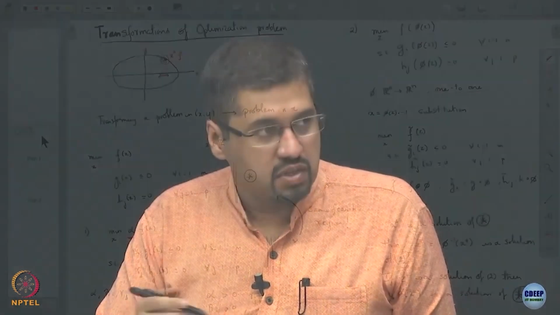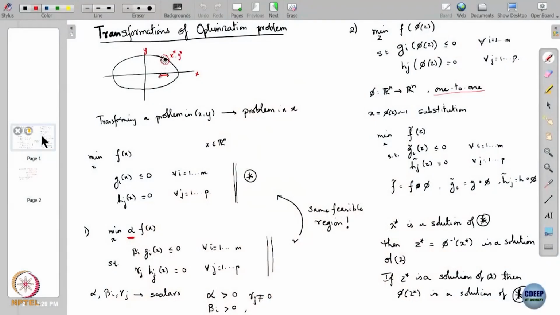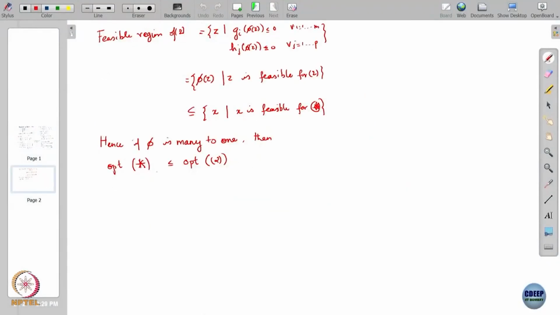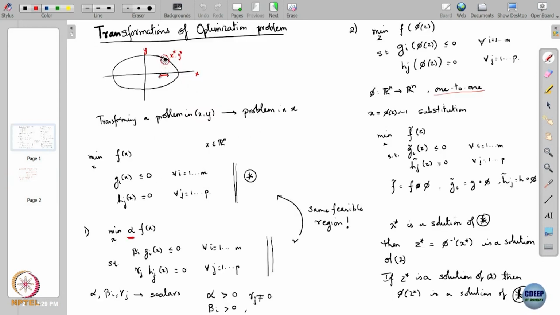Yeah. So, if phi is not bijective, yes, that is what I am saying. These are not equivalent, there will be an inequality, and many things can happen here. One possibility is that by chance your x star just happens to be such that there is a corresponding z star for it, in which case you will get equality.